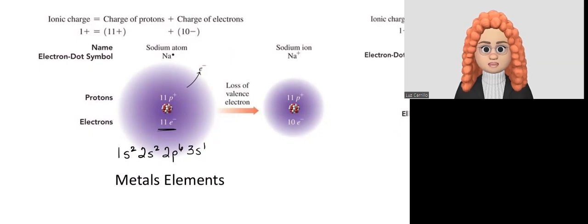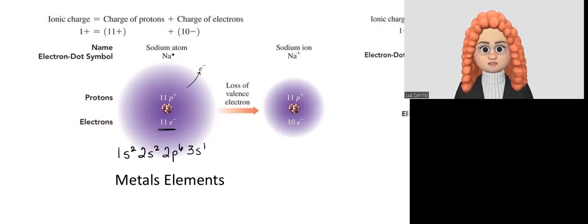So overall, in this electron configuration, we can see that in its outermost shell, it has one electron. Now, that one electron, which is a valence electron, is going to be lost. And when sodium loses one electron, because it lost a negative electron, it's going to now have a positive sign.